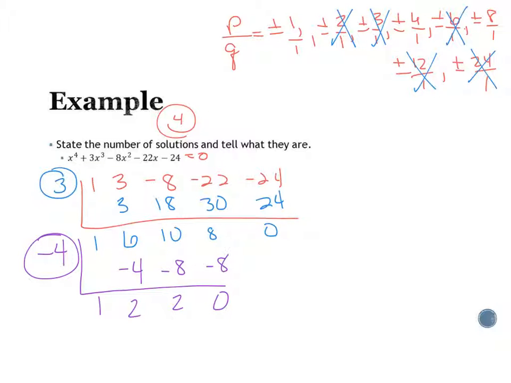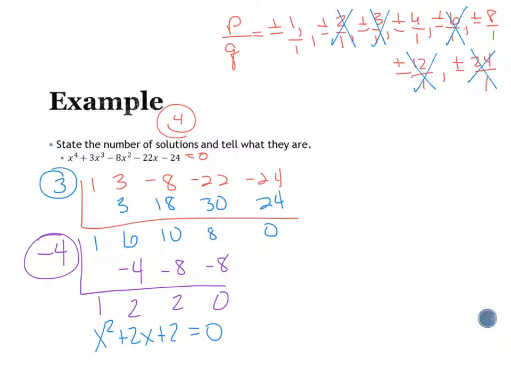So the idea is, we started with an x to the 4th, we divided once and got an x cubed, we're now down to an x squared. Can you solve an x squared? If you can whittle it down to an x squared, so this is x squared plus 2x plus 2, I want to solve that quadratic for my last 2.